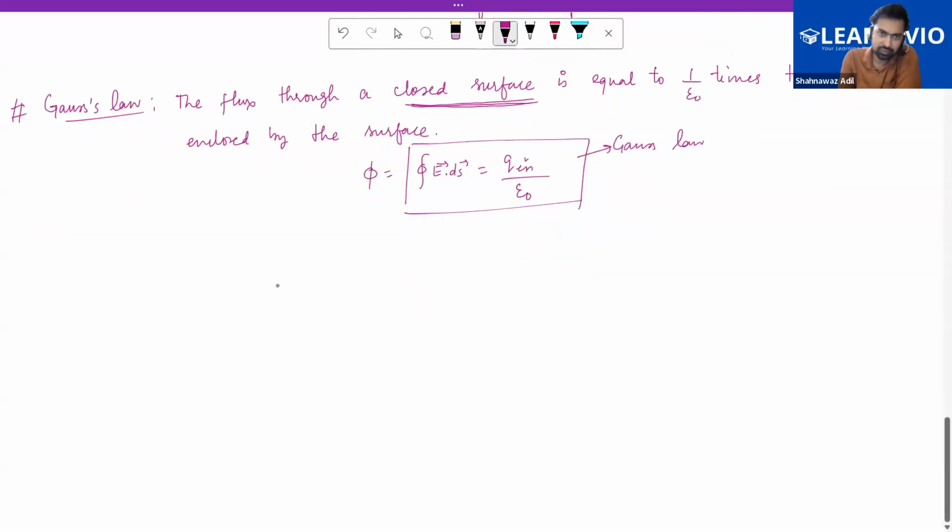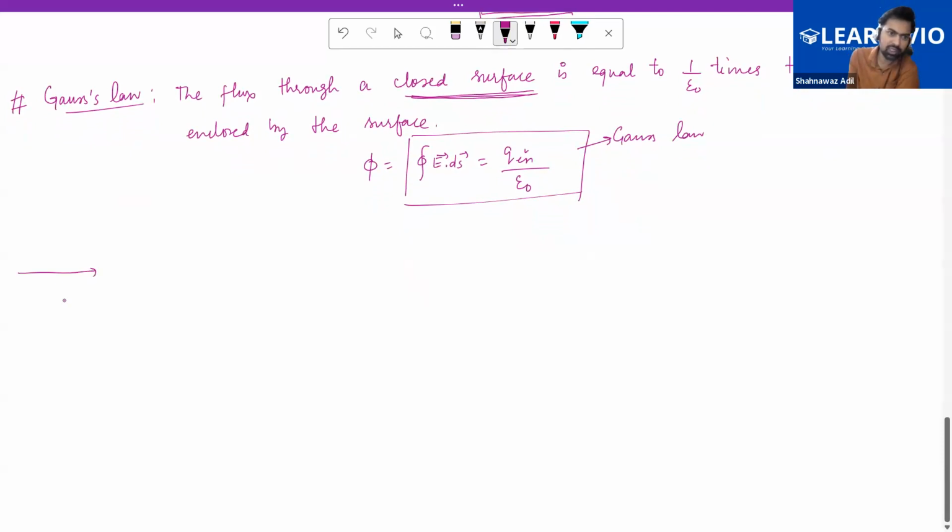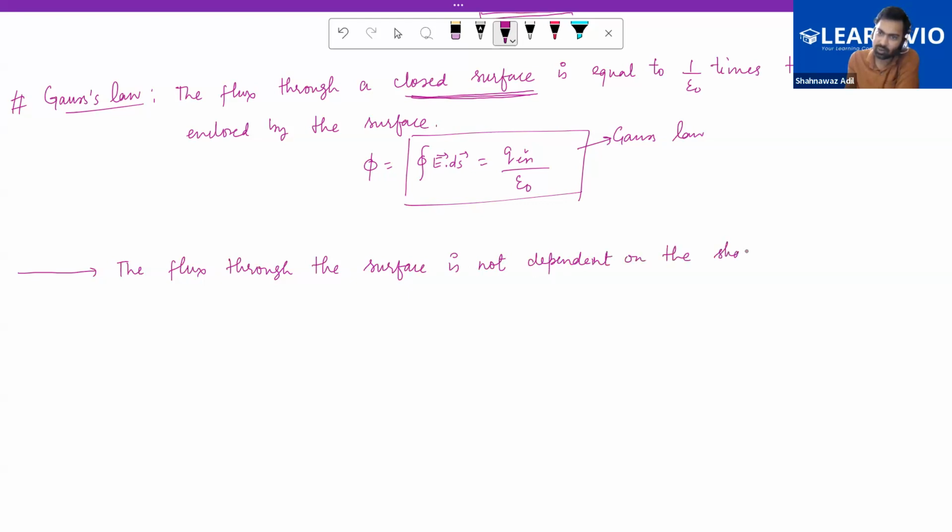Yes, sir. The important thing to note here is that the Gauss law, the flux through the surface, is not dependent on the shape of the surface.